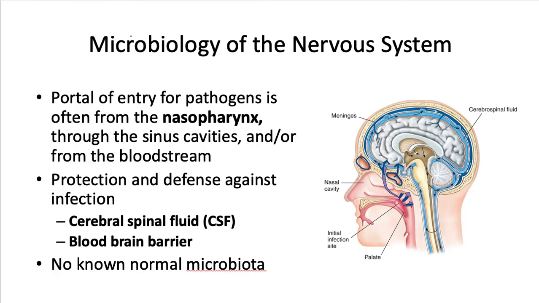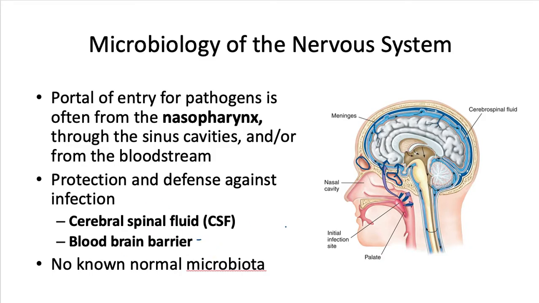All right. Though because of the bone and the reduced permeability of the blood vessels, this rarely happens, that microbes can get in there. And that reduced permeability of the blood vessels is called the blood-brain barrier. So the nervous system often doesn't have a lot of white blood cells circulating. It's very low on blood cells and antimicrobial peptides. It's very hard for microbes to get in. So that would be a first-line defense.